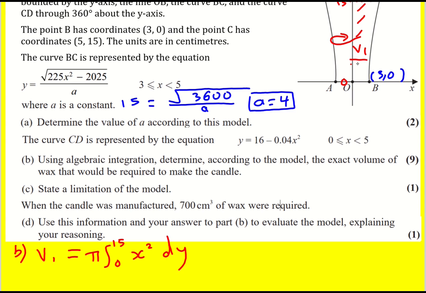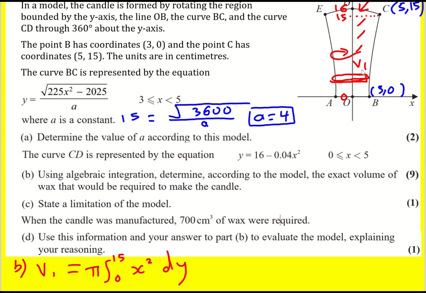This is me making a little cylinder here, essentially working out my value of x, but then turning it into this cylinder. That's my x squared times dy times pi as well, because it's a circle and it's got a small little height. So I need to rearrange this to make x squared the subject.